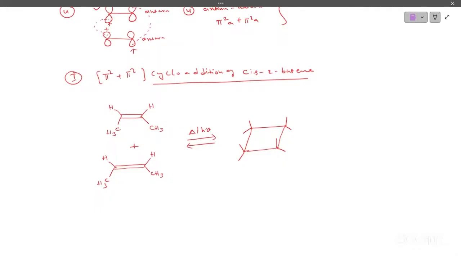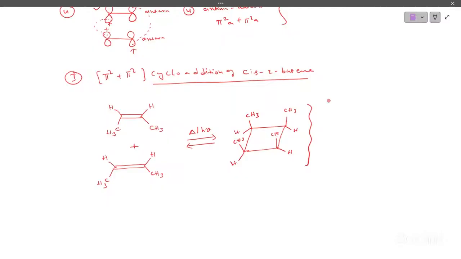Different stereochemistry may be observed, but in general, I am writing these products: all cis products, all trans products, cis-trans product. That depends on the stereochemistry which is going to be adopted. It can participate in 4 stereochemical modes.